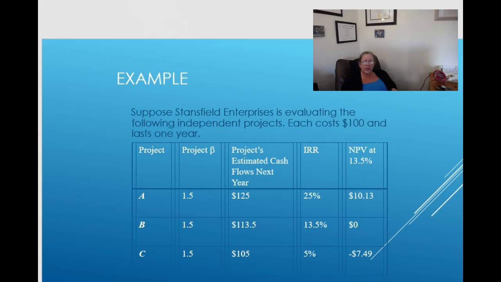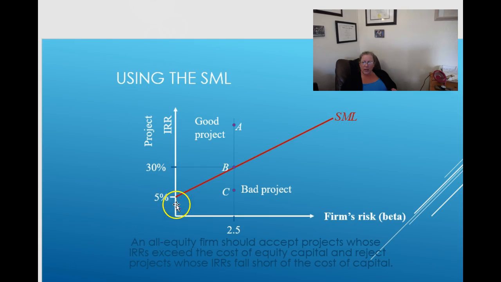So let's look at a security market line that we have plotted these three projects on. We've listed the IRRs on the vertical axis and then the firm's risk, the beta, on the horizontal axis.